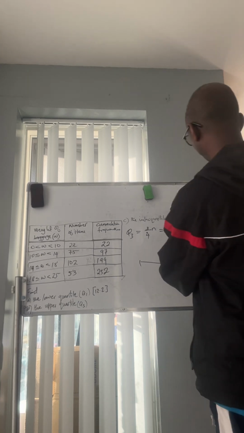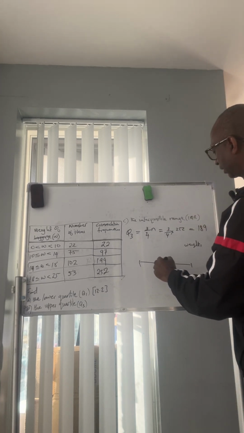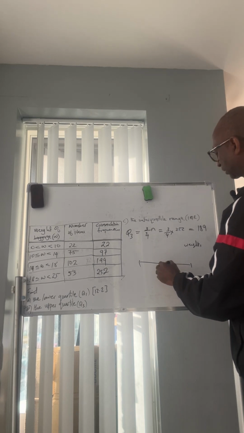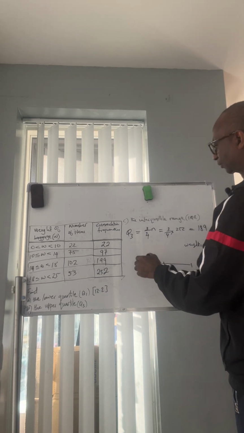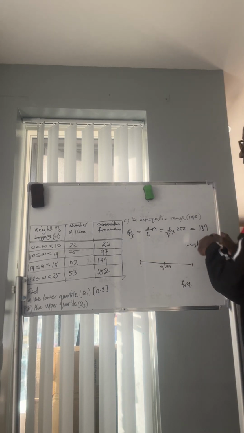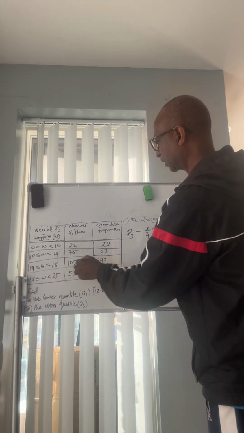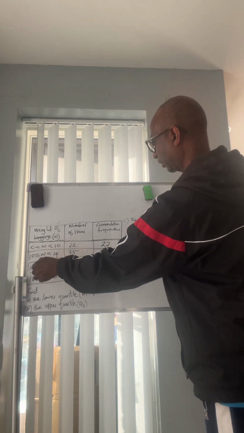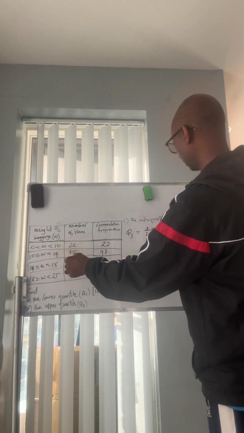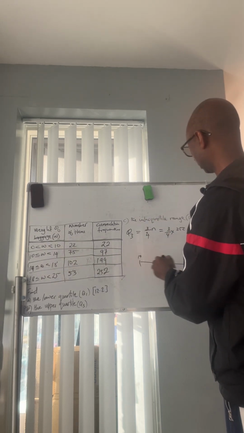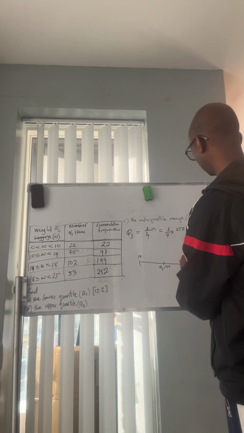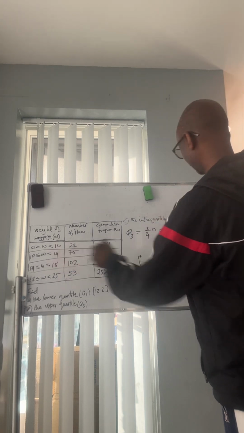And now you know your Q3 is 189. So it is around here in this category, 14 to 18. So for the weight, they start from 14 to 18.